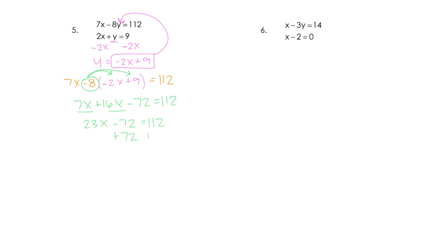And then add 72 to both sides. And I get 23x is equal to 184. Divide both sides by 23. And we get x is equal to 8. And then again, once you find this, we go straight back to our box and then figure out what y is.